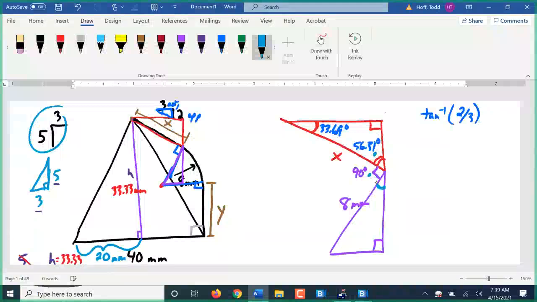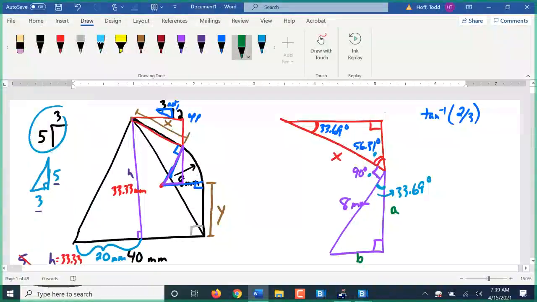That makes this angle right here 33.69 degrees. Now that we have that angle is 33.69 degrees, we can find both this piece here, which I'll call A, and this piece down here that I'll call B.